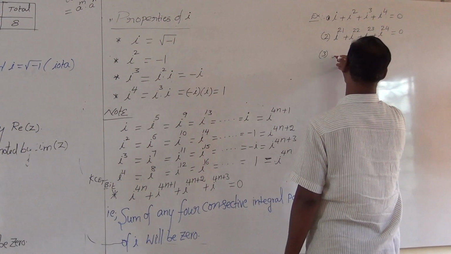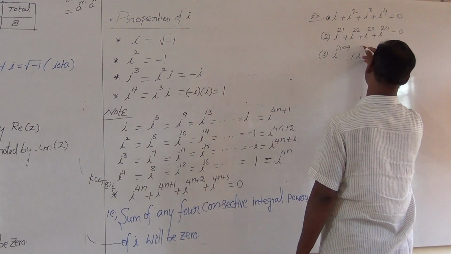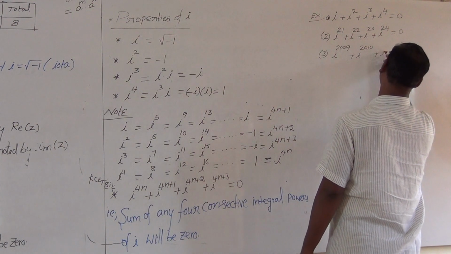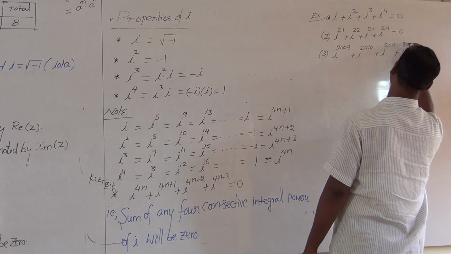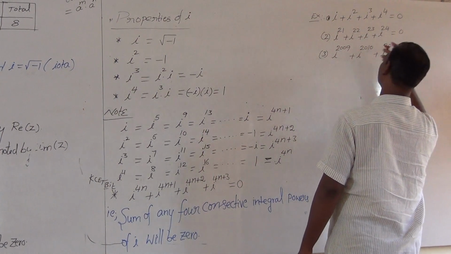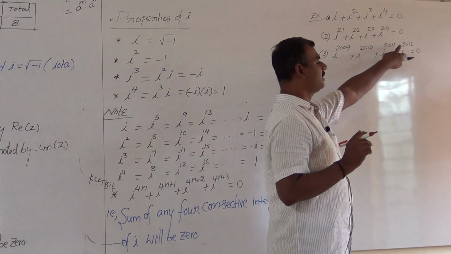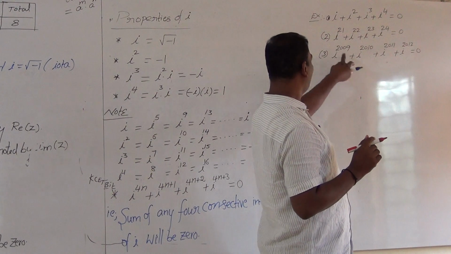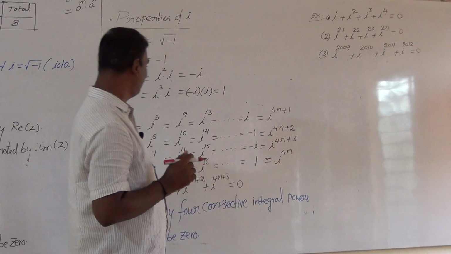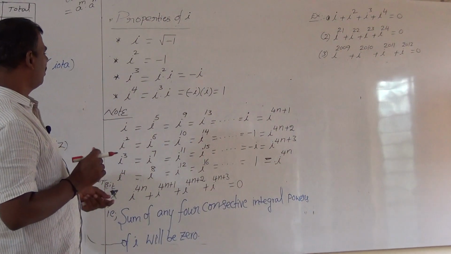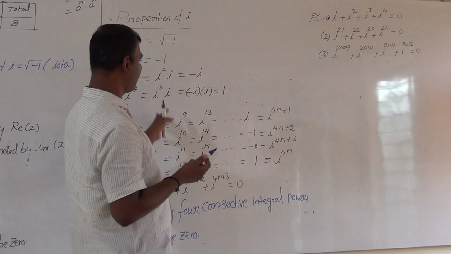Another example: iota raised to 2009 plus iota raised to 2010 plus iota raised to 2011 plus iota raised to 2012 will be 0. Whatever it is, you are observing consecutive numbers; that is important. The sum of any four consecutive integral powers of iota will be 0. This is a very important bit, and you should remember the reason.